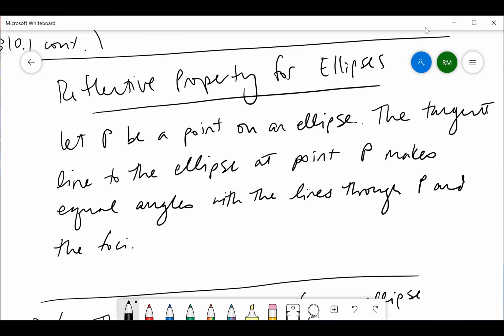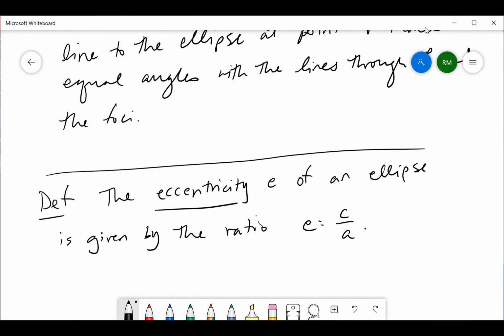To measure the ovalness, so to speak, of the ellipse, you use a ratio called the eccentricity. So the eccentricity E of an ellipse is given by the ratio E equals C over A, where C and A are the same as before. C is the square root of A squared minus B squared, and A is half the length of the semi-major axis. So let's take a look at a picture of what this looks like.